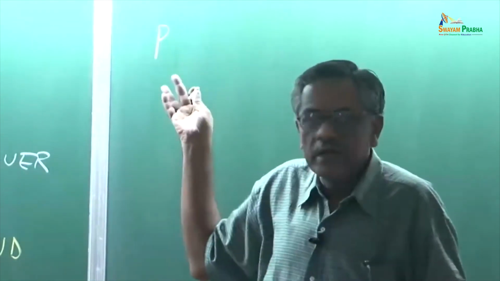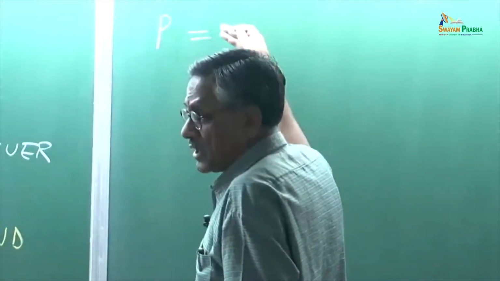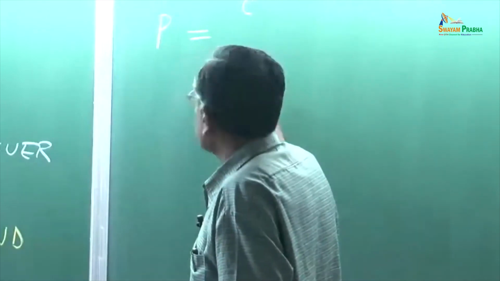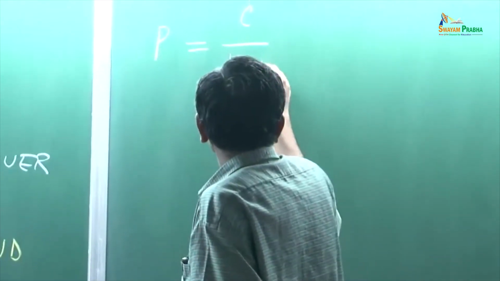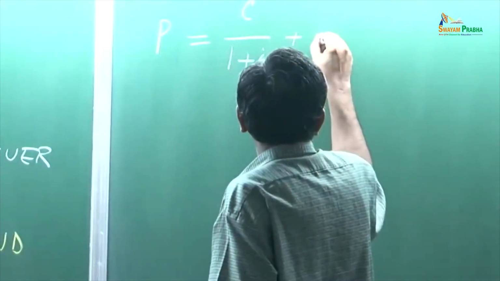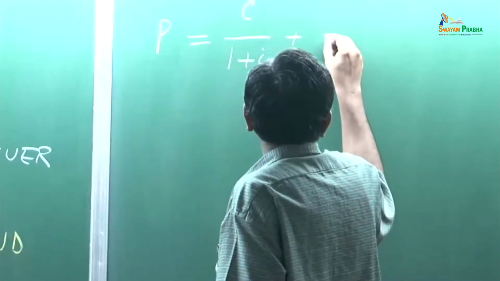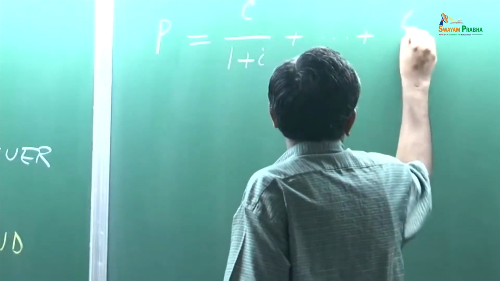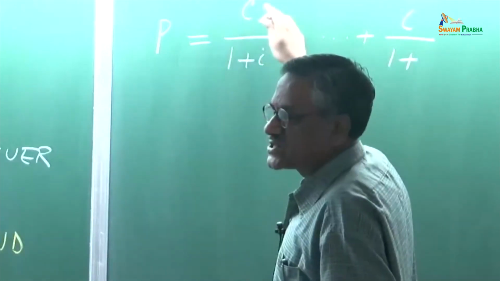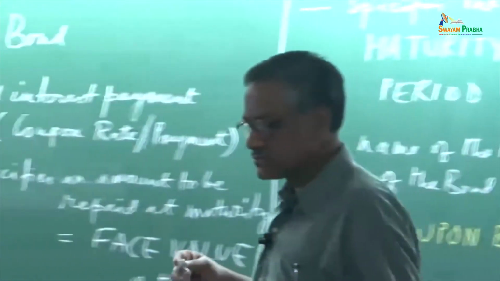You would equate that price with all the coupon payments that you will get and their present discounted value, for a 10-year bond. Let me rephrase the problem.